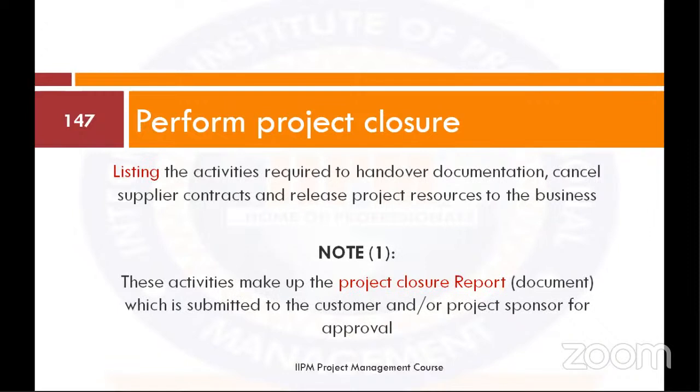Listing the activities required to hand over documentation, cancel supplier contracts, and then release project resources to the business. Note, these activities make up the project closure report, which is submitted to the customer and or the project sponsor for approval.